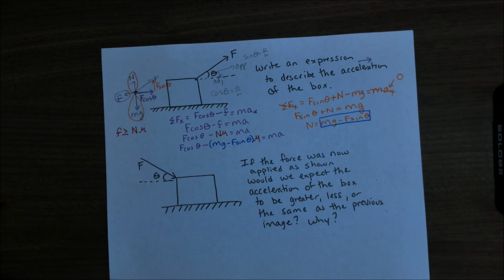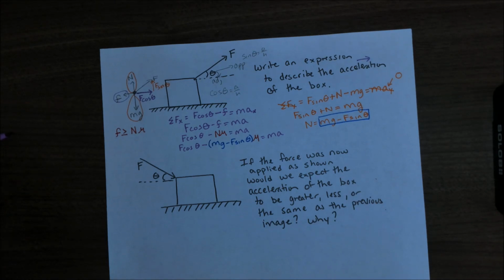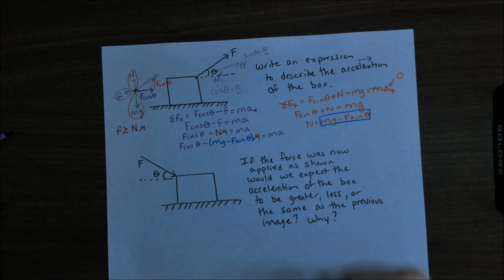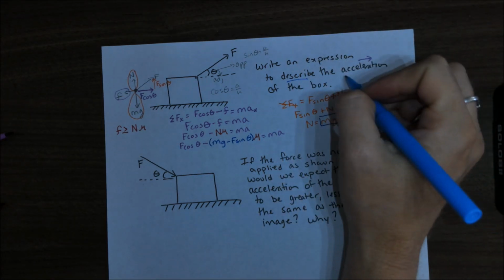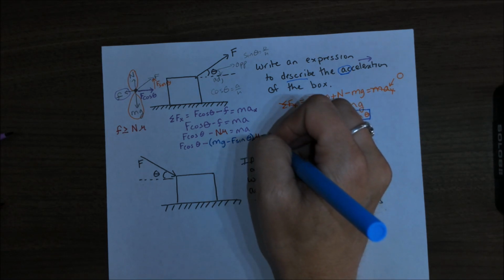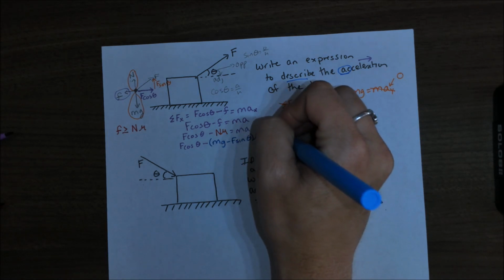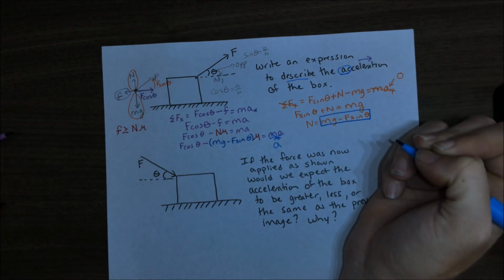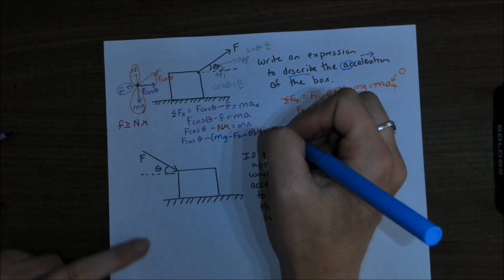Alright. I can take this one step simpler. I'm describing the acceleration, so I really want to get just a over here on its own. So in order to do that, I need to divide by my mass. If I do it to one side, I need to do it to the other side.